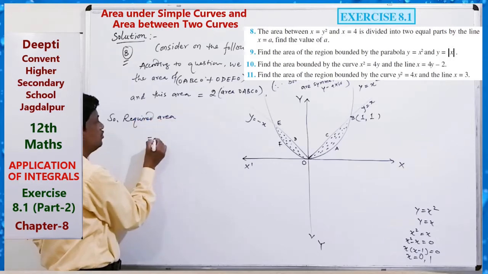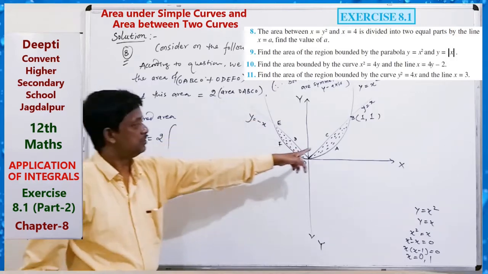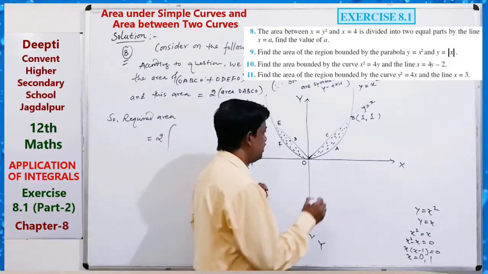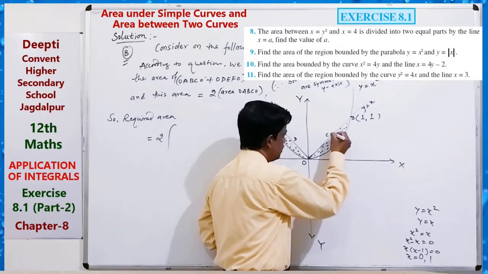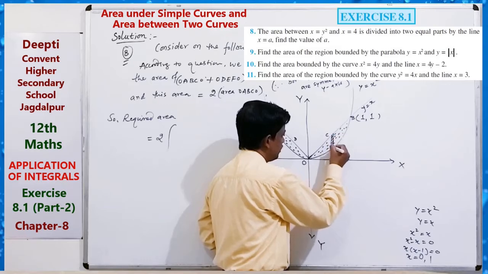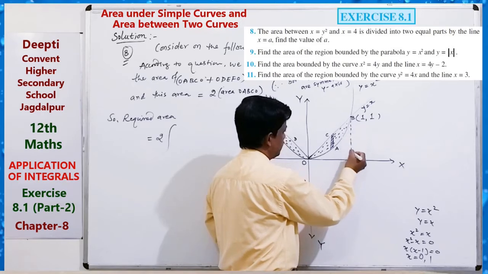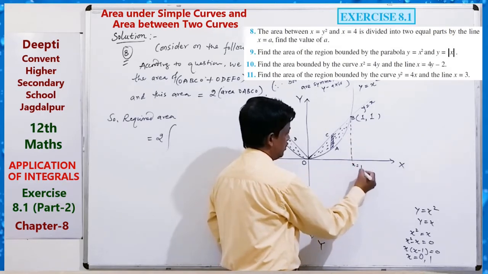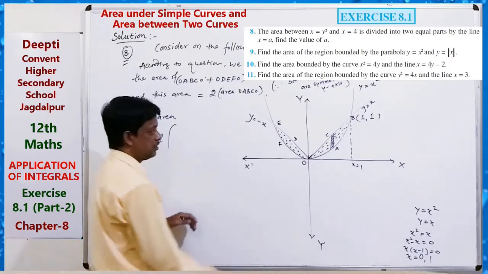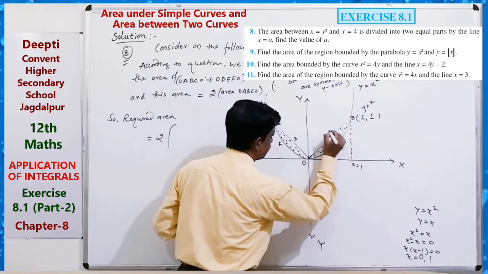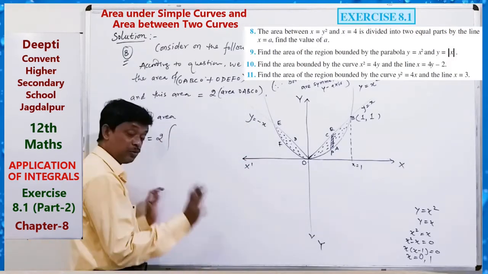So the required area is equal to 2 times the area of this. This area can be found by taking a vertical strip. This is x equals 1, x equals 0 here. Vertical strip PQ, y dx.